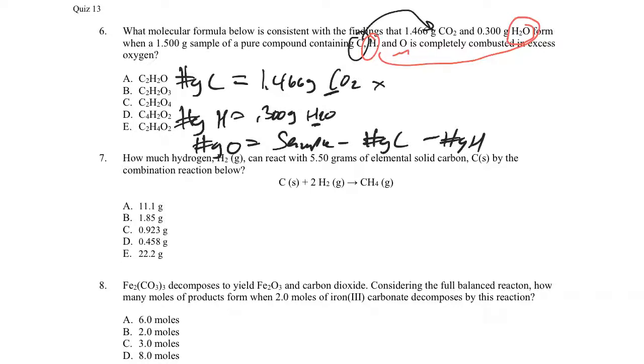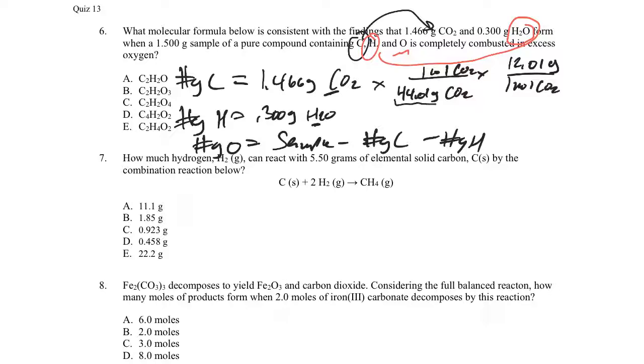Well, for the carbon, the CO2, we could use that 44.01 grams of CO2 are present in every 1 mole of CO2, and then 1 mole of CO2 contains a mole of carbon. A mole of carbon is 12.01 grams. So we're really just multiplying the mass of CO2 by the percent mass of carbon in CO2, which would be 12.01 divided by the formula weight.